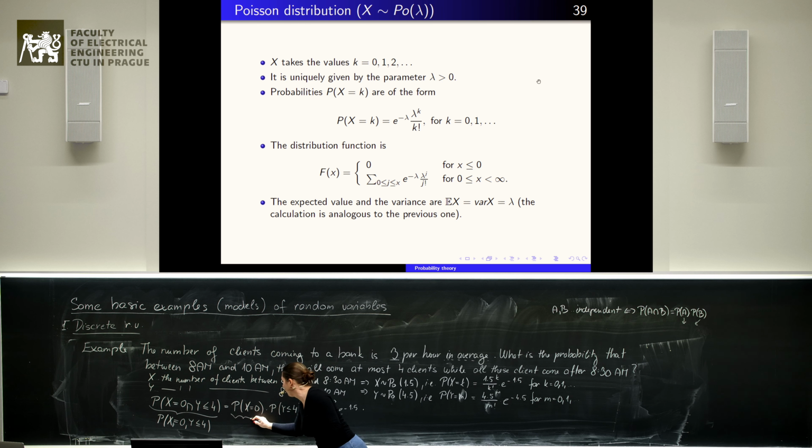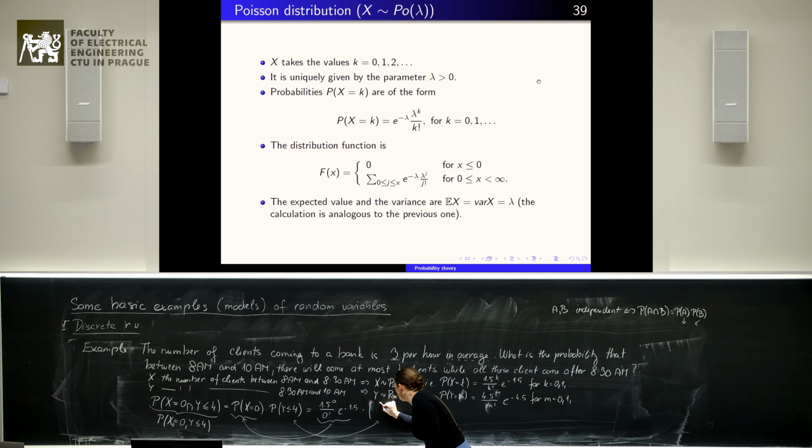So it is the first probability times the sum of probabilities that Y is equal to 0, Y is equal to 1, Y is equal to 2, and so on.